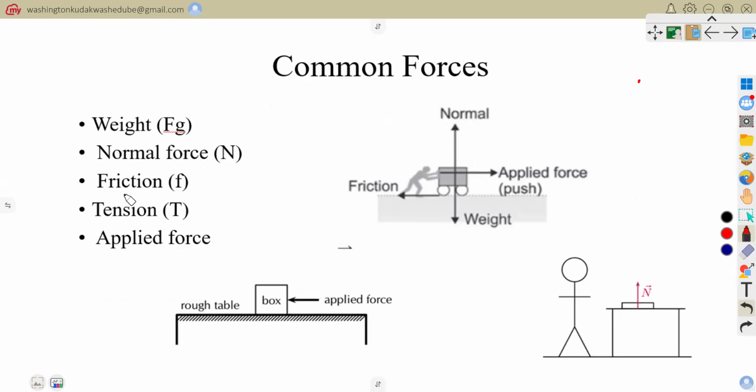So these are the types of forces: your weight, which we term the gravitational force; the normal force, which is your perpendicular force applied by a surface; frictional force, which is the opposing force of motion; your tension, which is usually a force that you will see in ropes or strings; and then an applied force.